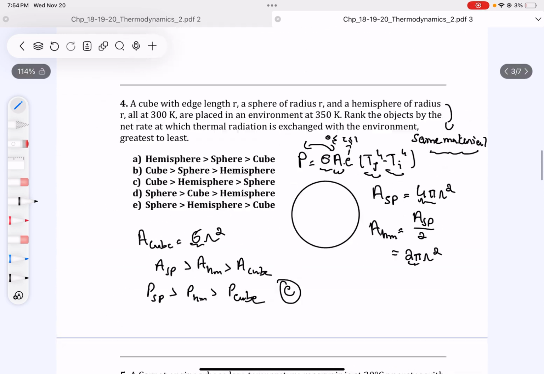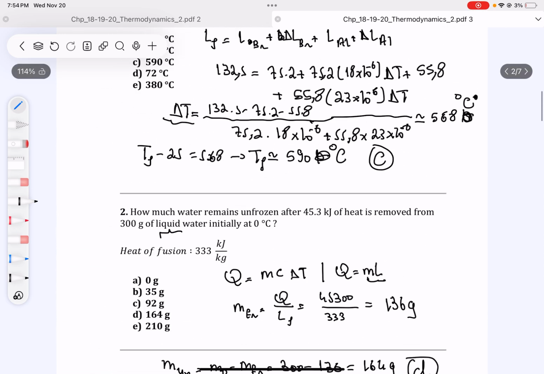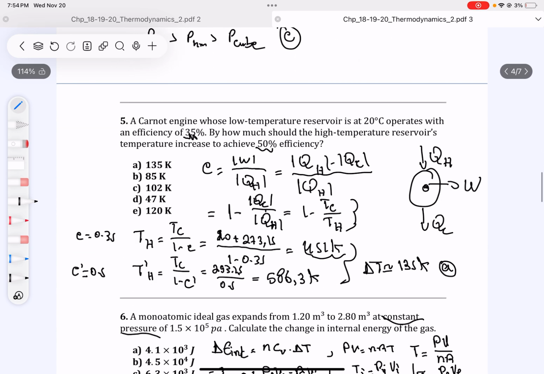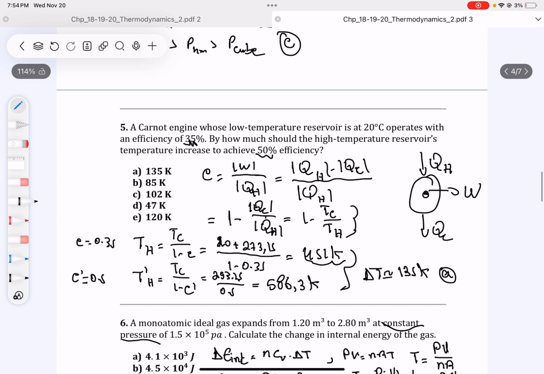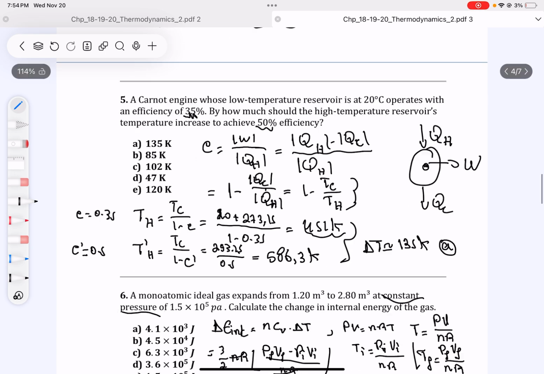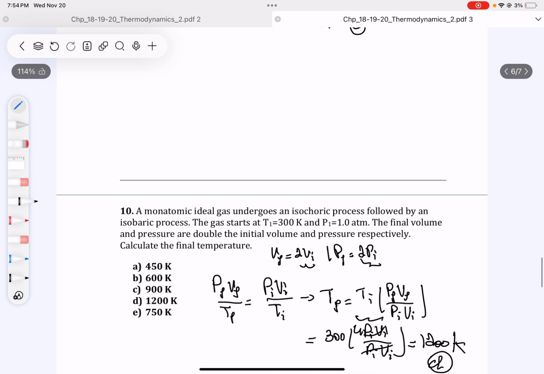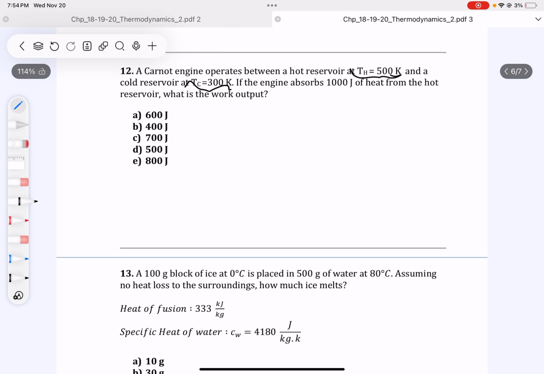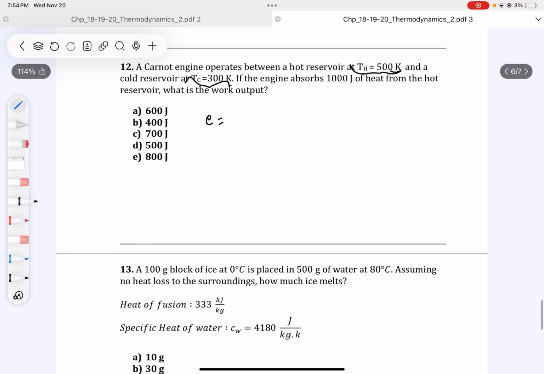I said before, here, efficiency is equal to the work over the heat from the hot reservoir, or the heat absorbed by the engine from the hot reservoir. Then we say E is equal to absolute value of W over absolute value of QH.